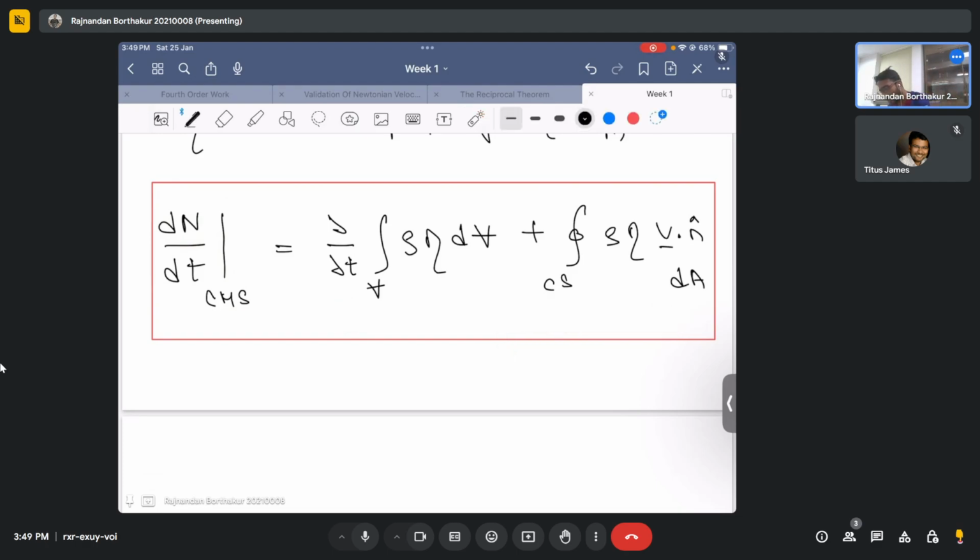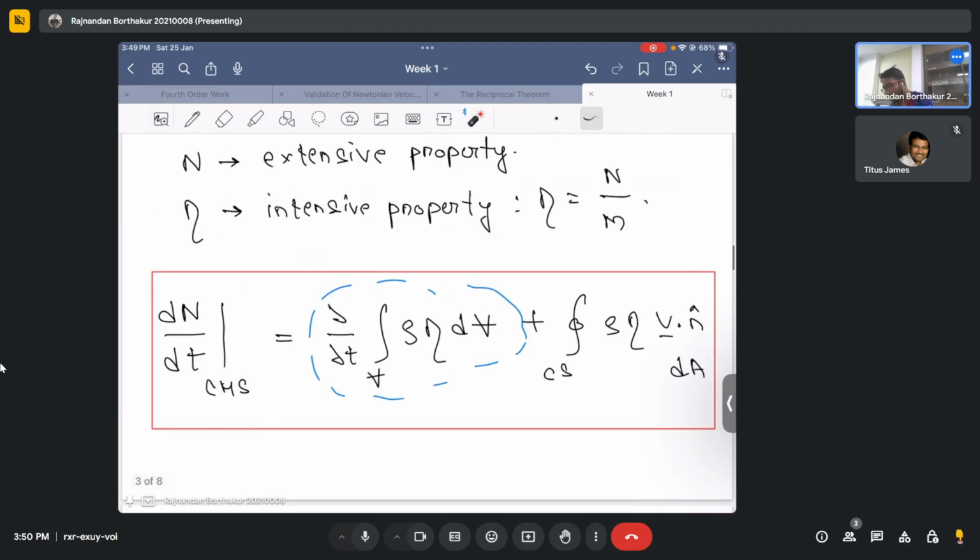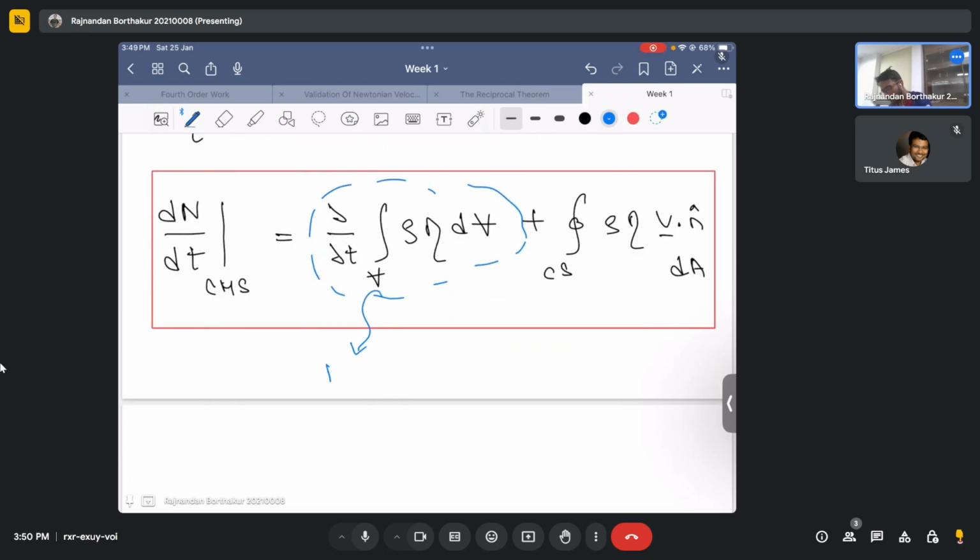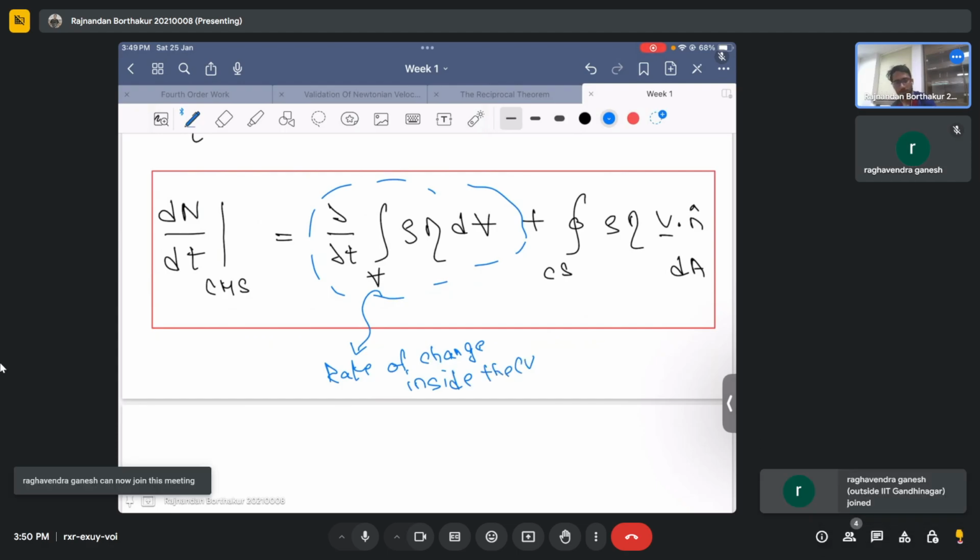So this term that you see, del/del t of the integral over the volume of the density times eta, which is the property per unit mass, multiplied by the differential volume, denotes the rate of change of the property inside the control volume.